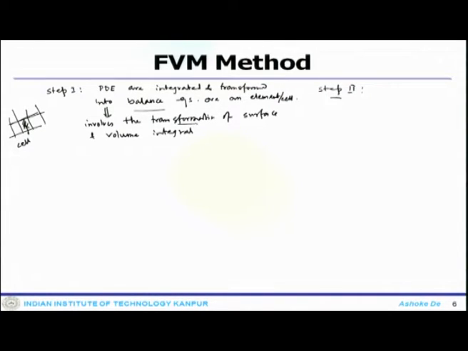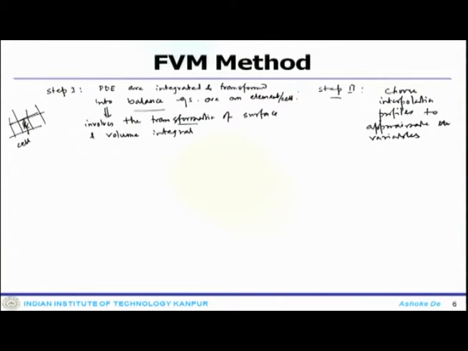And so in the second step you choose interpolation profiles, okay, to approximate the variables. So in one step, you first transform your governing equation to the balance equation over a particular cell. Essentially I have a set of governing equations and I transform that.